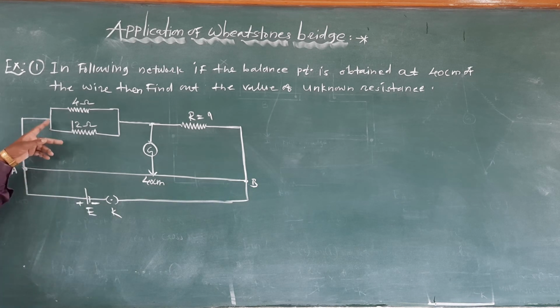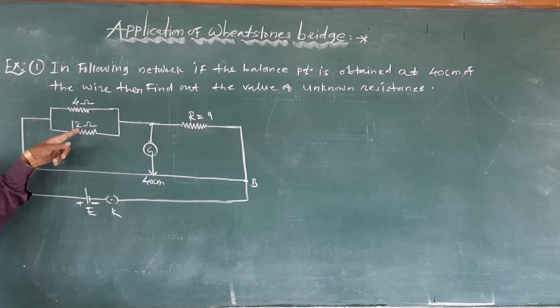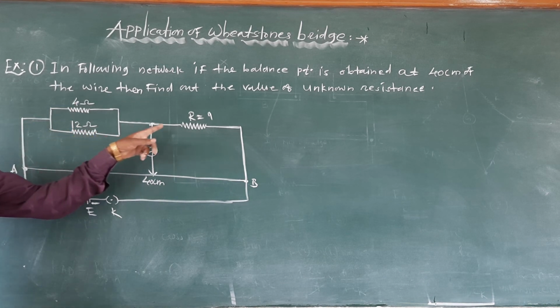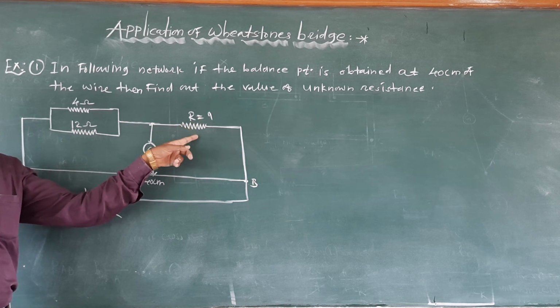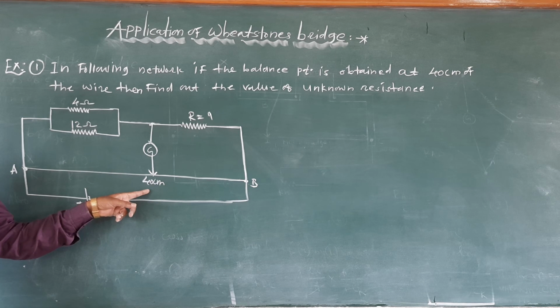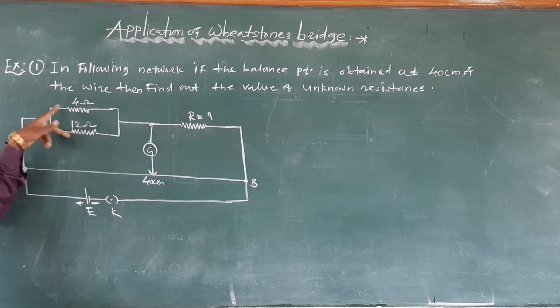First of all, this resistance is 4 ohm, this is 12 ohm, and this is connected to another resistance. We have to find the value of the unknown resistance if the balance point is at 40 centimeter. Therefore, first find the parallel combination.